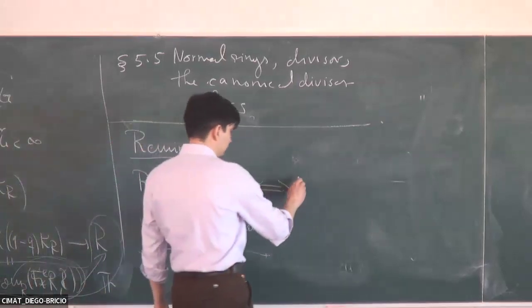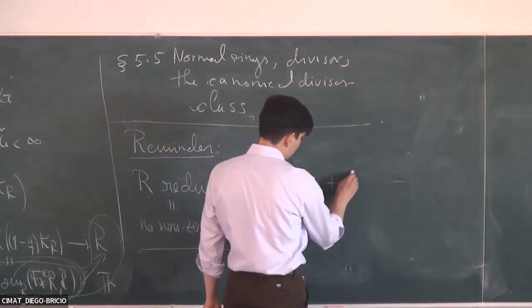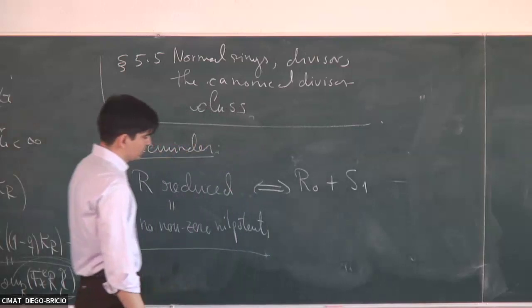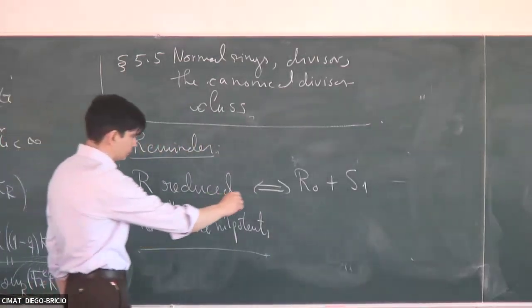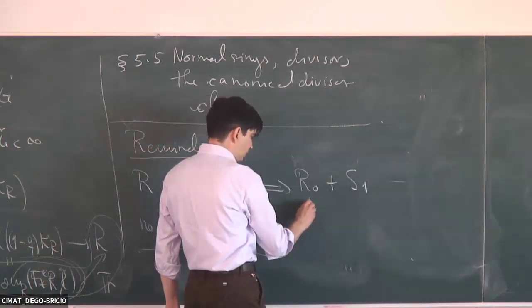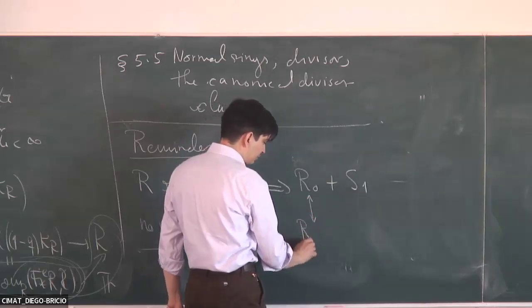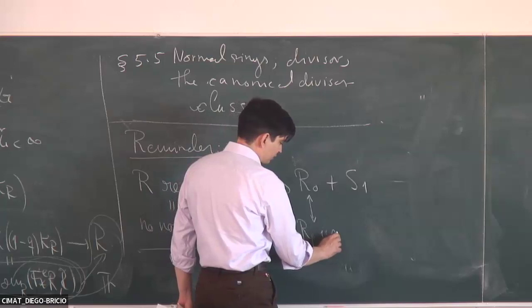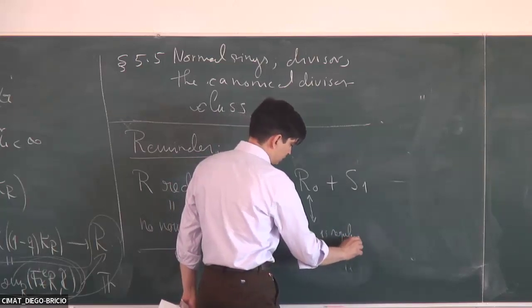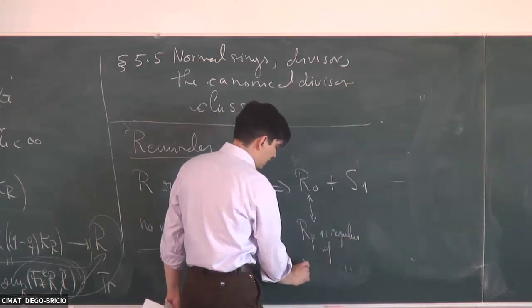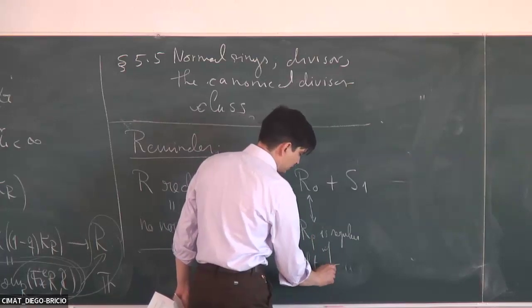This is the grown-up version of reducedness. This means two things. This means R0 plus S1. R0 means that R_P is regular if the height of P is 0.